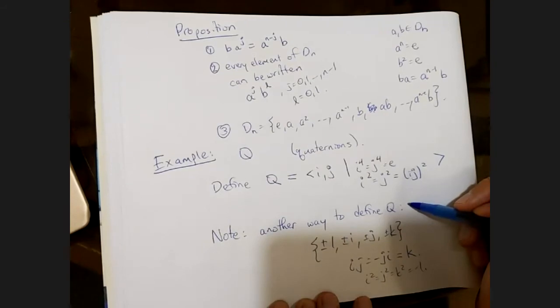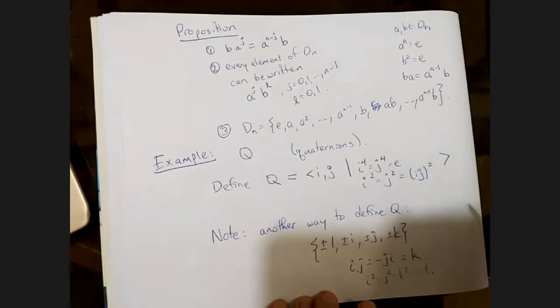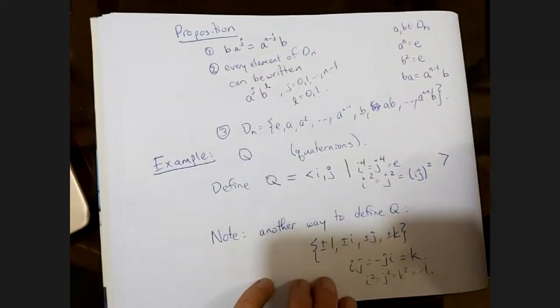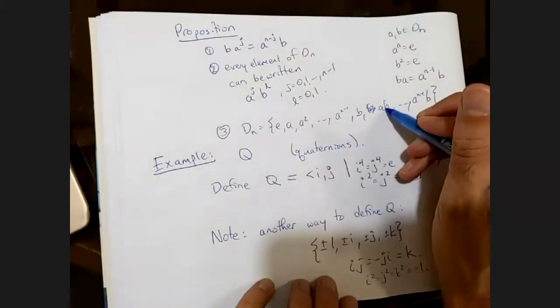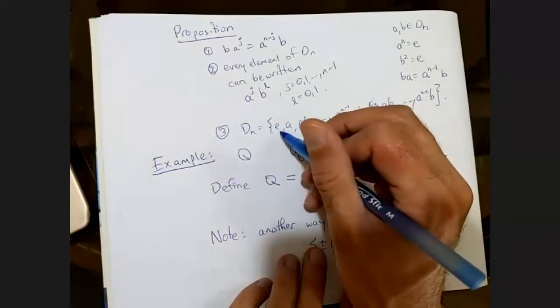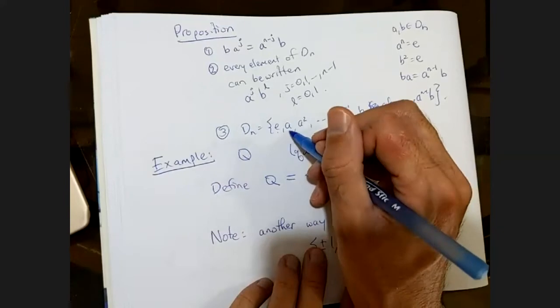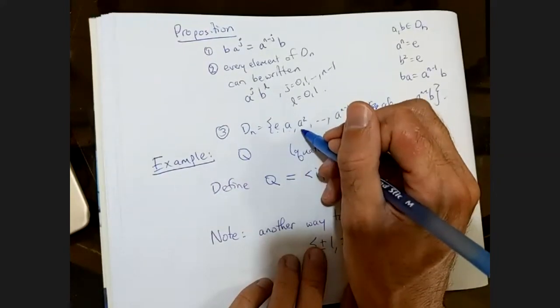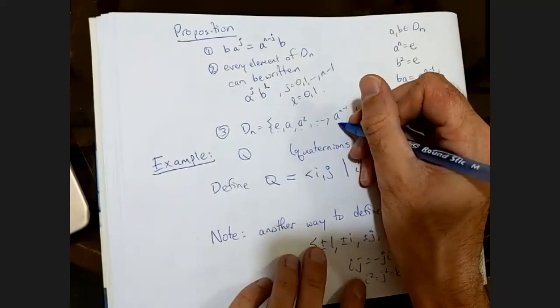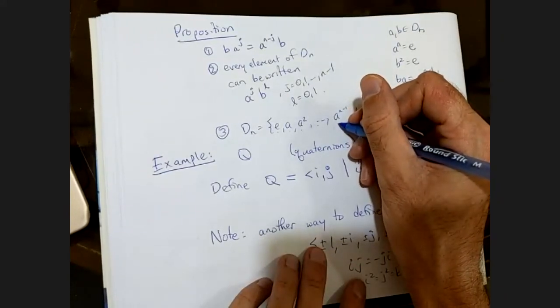Oh, the line with number 3 on it. Up here, the A before the B alone. This is supposed to be the identity, then A, then A squared, A cubed, and keep on going until you get to A to the n minus 1.